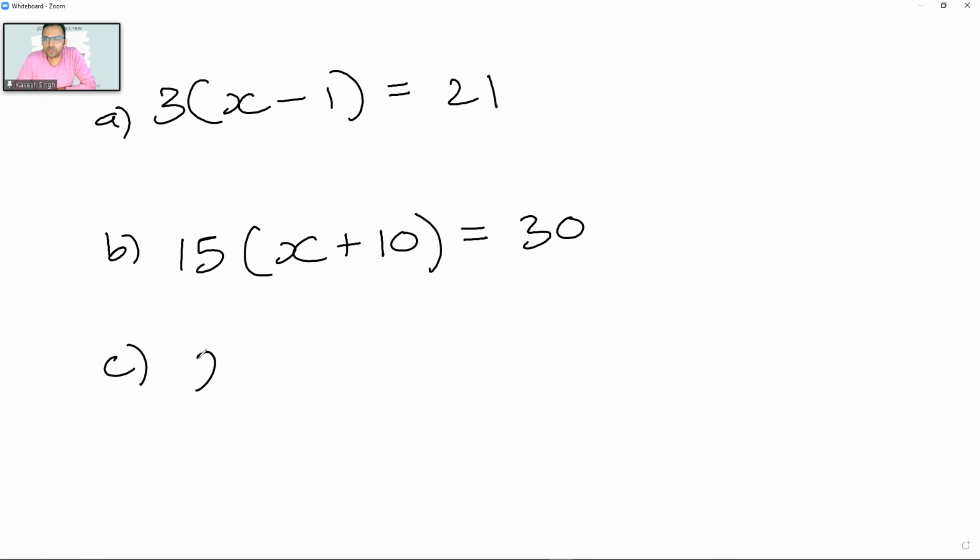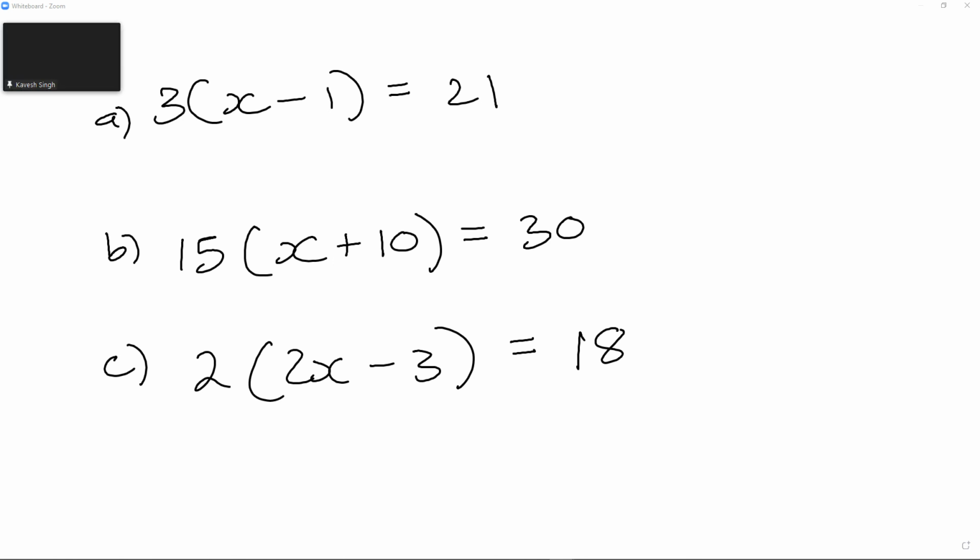And 2x minus 3 equals 18. Try those three. The second, you can get negative answers. So look at the second question. If you get a negative answer for that, it's okay.